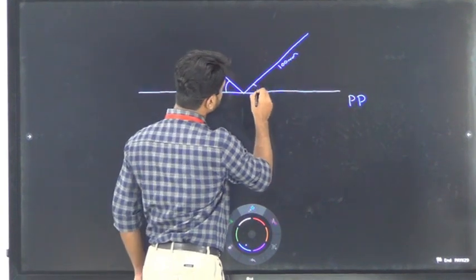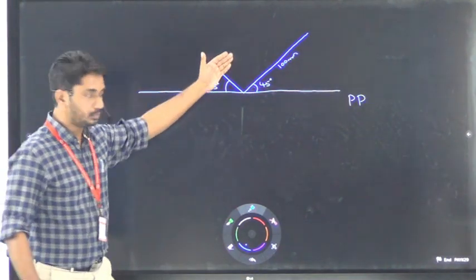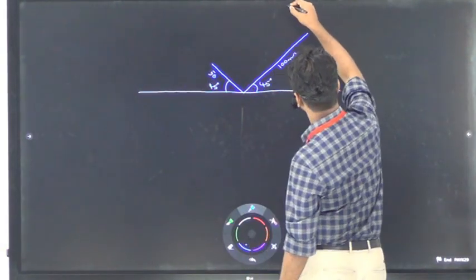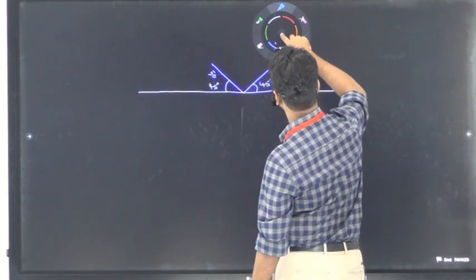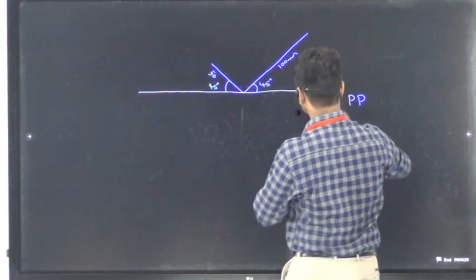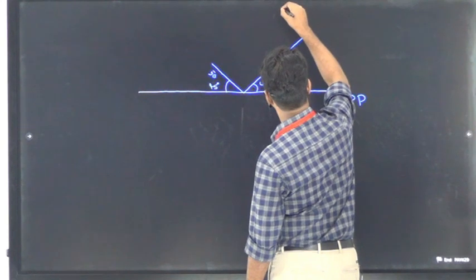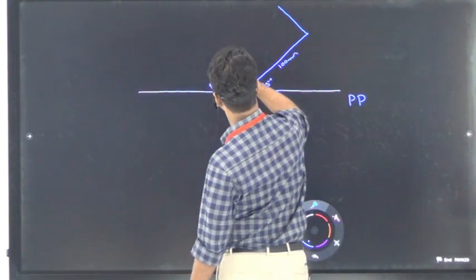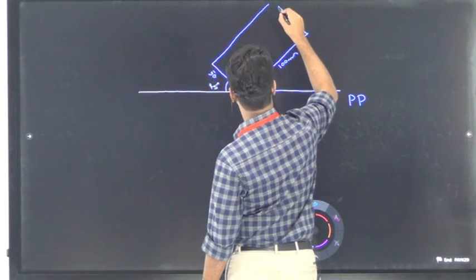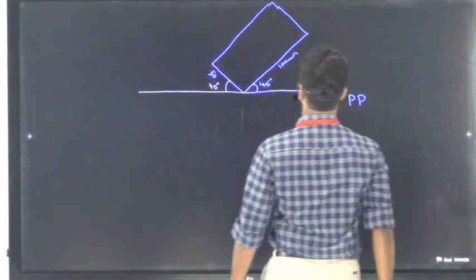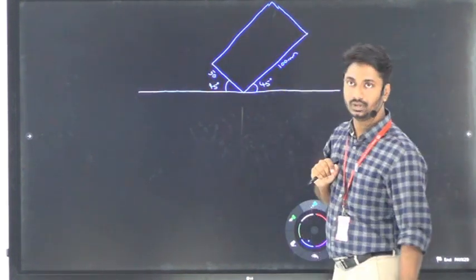This angle is also equal to 45 degrees. Now you can complete the top view. So this is also 100 mm and this is also 50 mm.